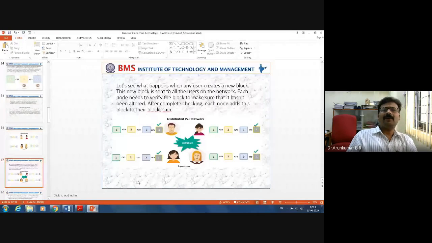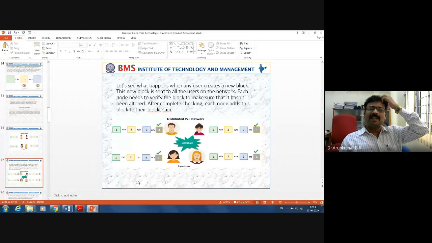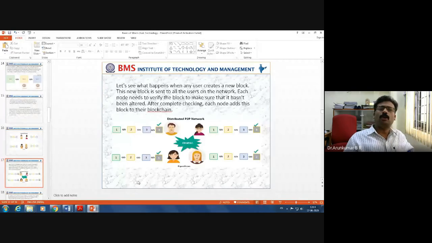Okay, let us see what happens now in a distributed peer network. When a user creates a new block, this new block is sent to all the users on the network. Each node needs to verify the block to make sure that it has not been altered.